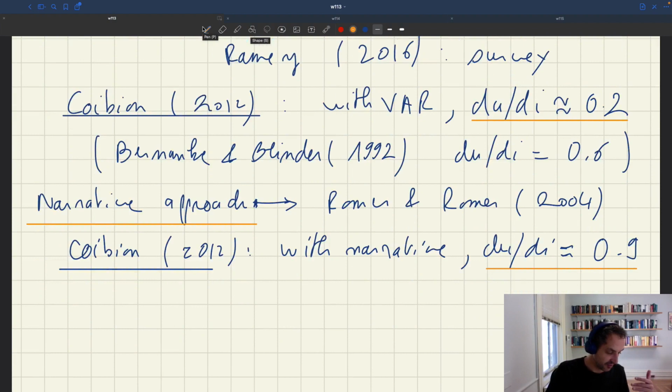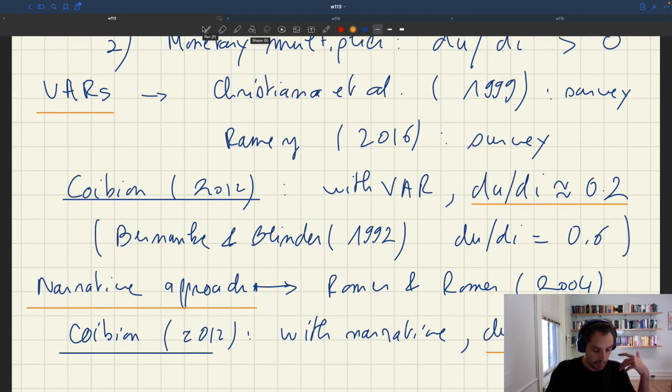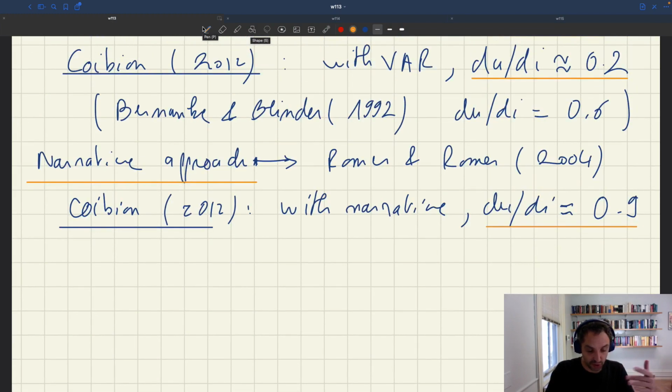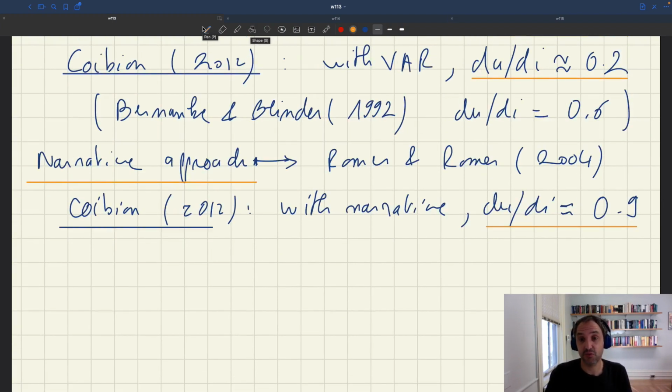So of course, it's a bit of a challenge if you want to use our formula and you have to pick a value of the multiplier. So you have to decide, okay, do I go with 0.2? Do I go with 0.9? That leads to very different responses of the interest rate, because you remember that the response of the interest rate is the unemployment gap divided by the multiplier.